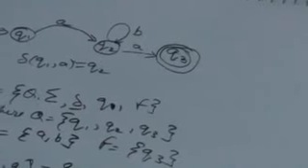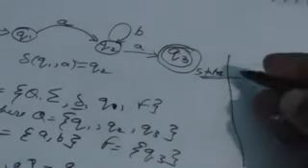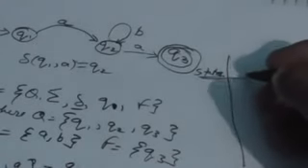Now how can we represent it in tabular form? This is the automata and now we have to represent it in tabular form. First of all, make a table. In the first column, describe only the states. Label this column with state. The other columns of the table are labeled with input symbols.